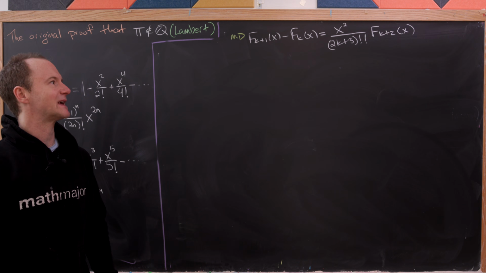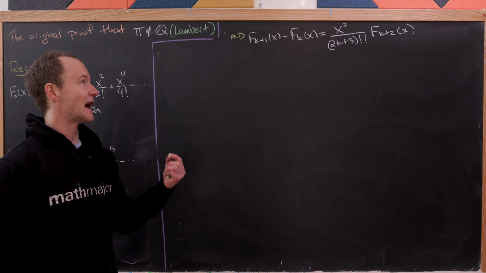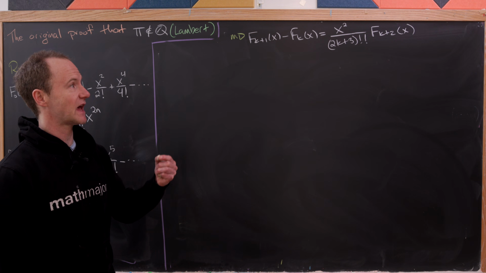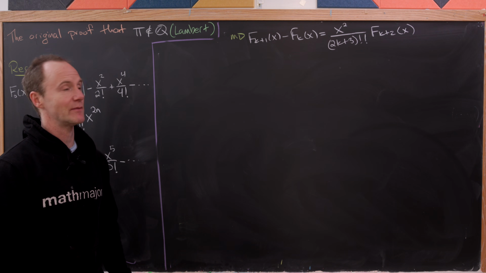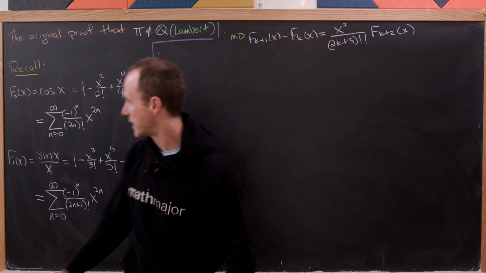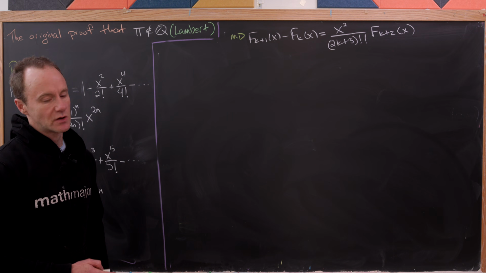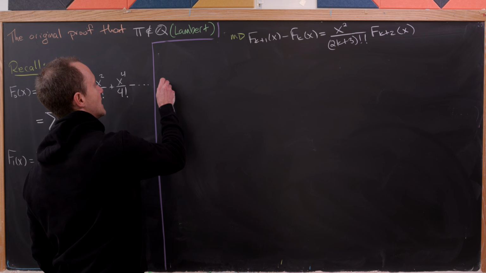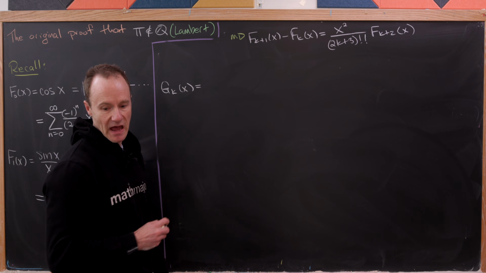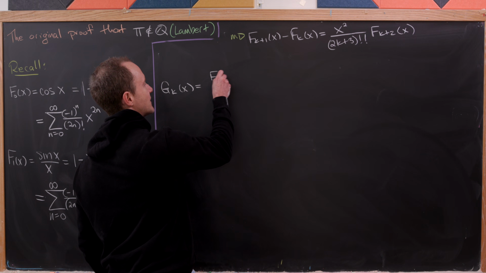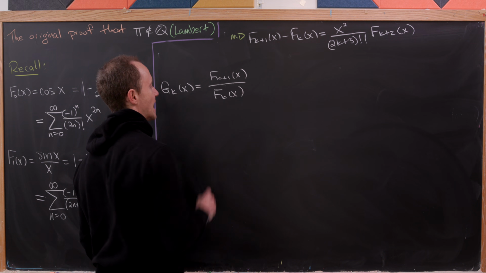So we just did a pretty big calculation to motivate the following recursion. And that is f sub k plus 1 minus f sub k is x squared over 2k plus 3 double factorial times f sub k plus 2, where we have f0 and f1 defined as follows. Next up, I'd like to define this new function, which we'll call g sub k of x, and that'll be the quotient f sub k plus 1 of x divided by f sub k of x.